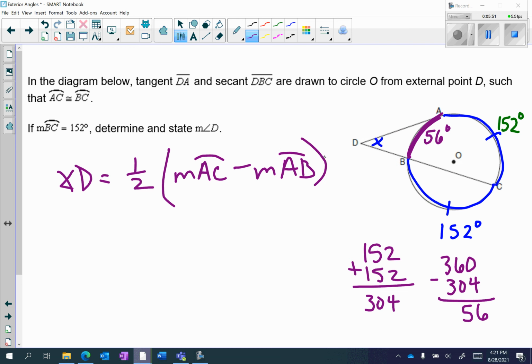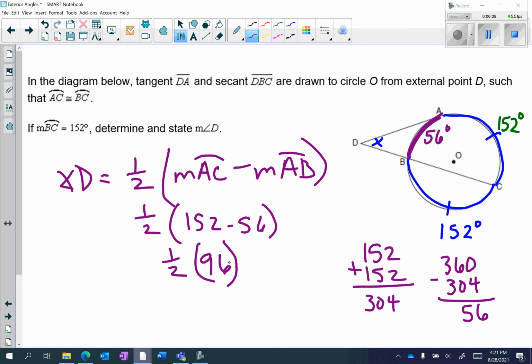So again, 1/2 of AC, which is 152, minus 56. So 152 minus 56 is going to give me 96. And I'm going to halve 96. And that's going to give me 48. So the angle D is equal to 48 degrees.